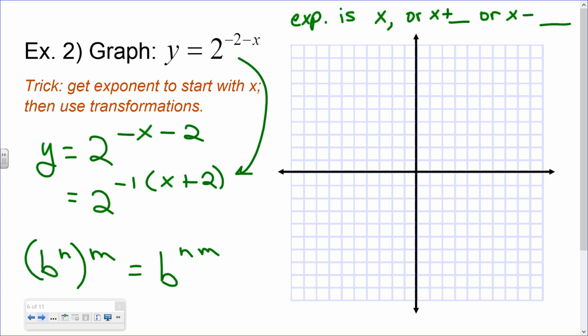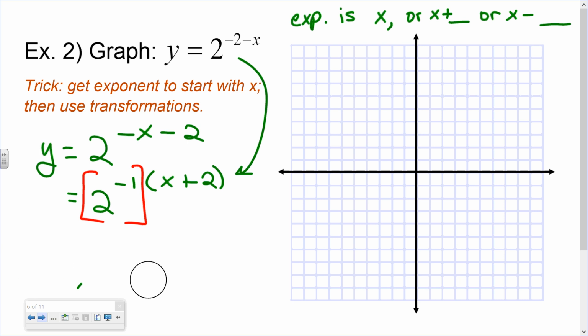So I am going to say I could just take 2 to the first part of that, and then take that whole thing to that other power. Does that step make sense? Because that's the whole trick on this. Get this property out of the way. Don't we know what 2 to the minus 1 is?